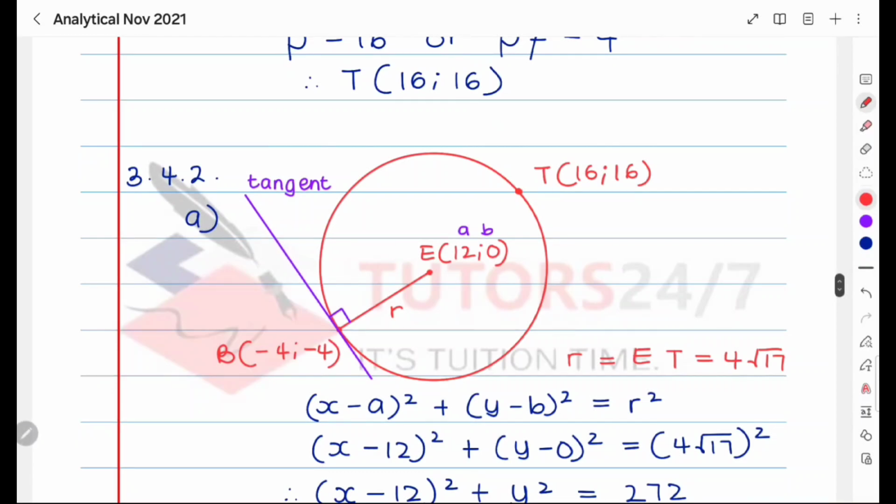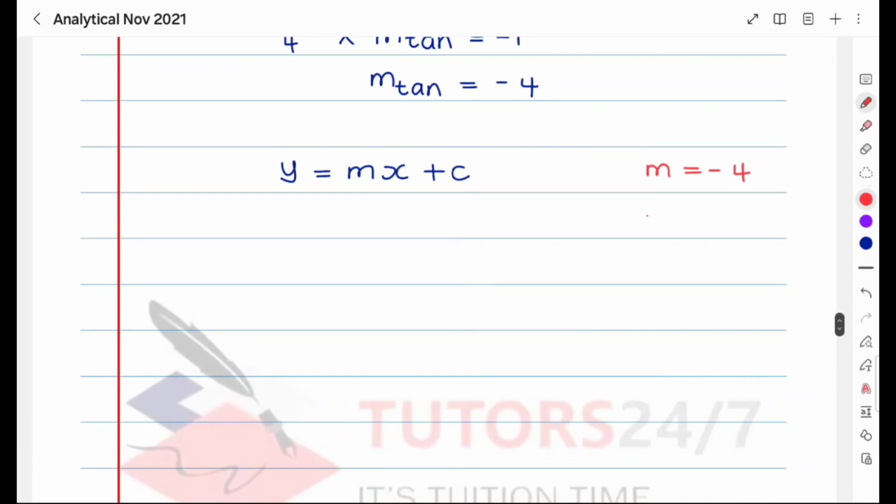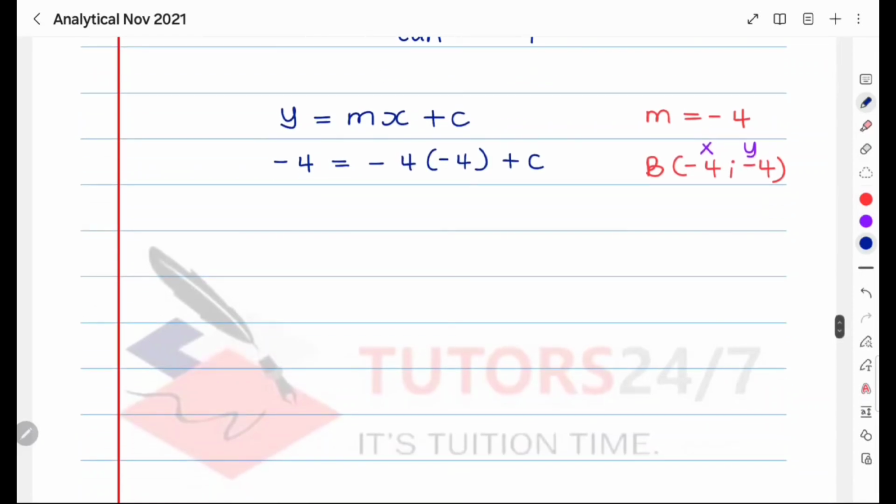B is a point on the tangent, so we're going to use B, which is (-4, -4). That becomes -4 = (-4)(-4) + c.